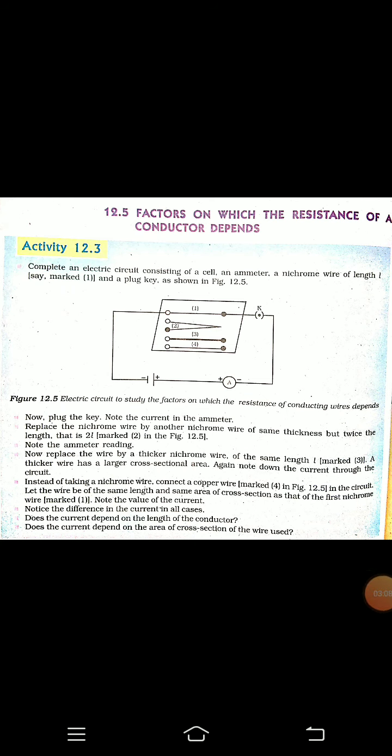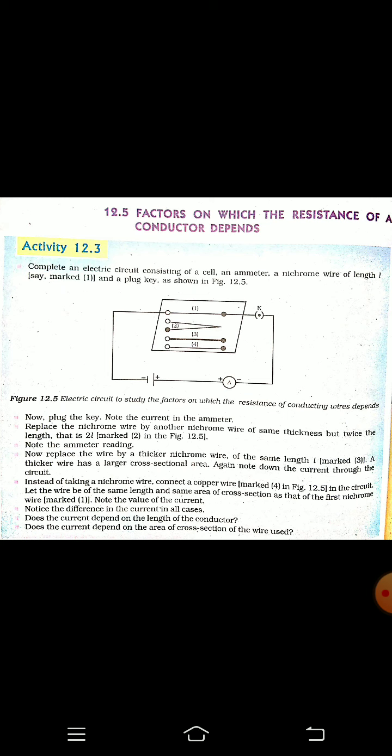From this activity, we will observe that the ammeter reading decreases to 1/2 when the length of the wire is doubled. This means in the first case, for example, we got ammeter reading, electric current I, when the length of the wire was L. So in the second case, when we doubled the length of the wire, that was 2L, the ammeter reading was half.